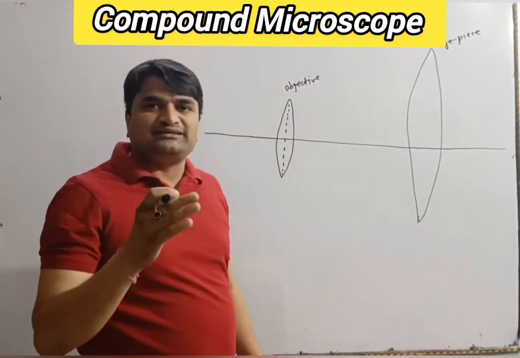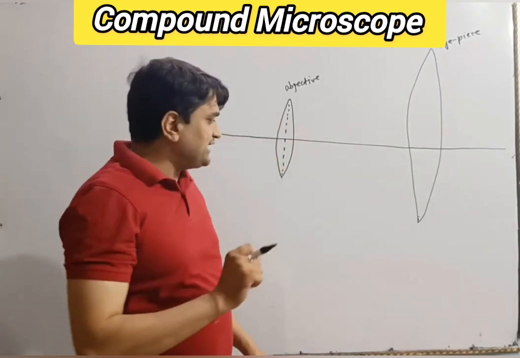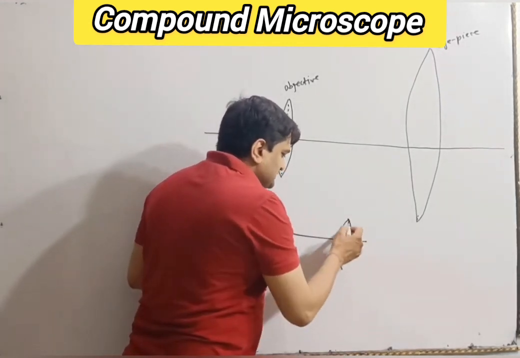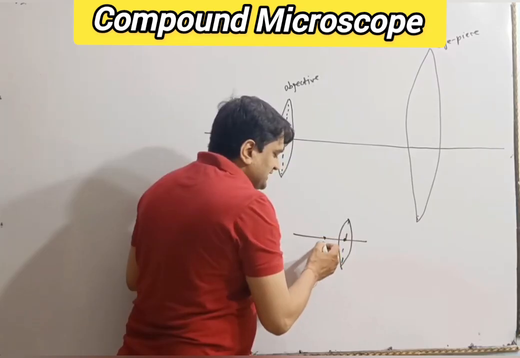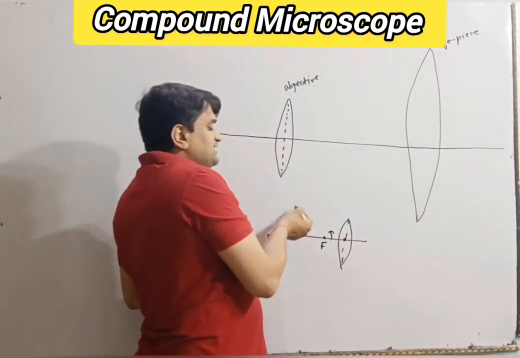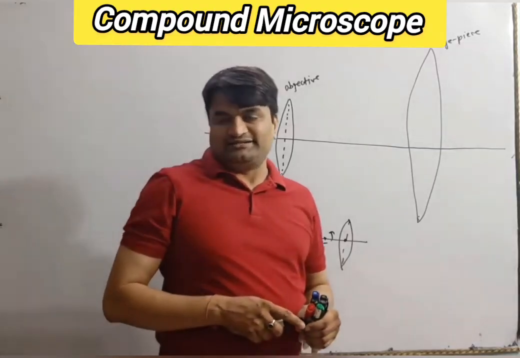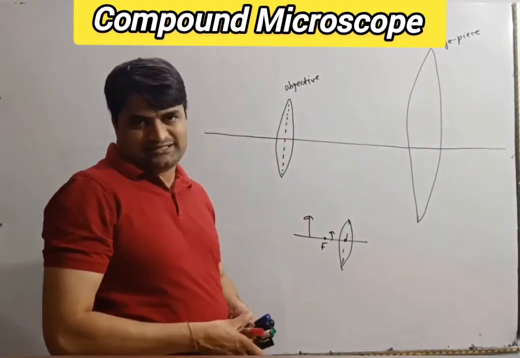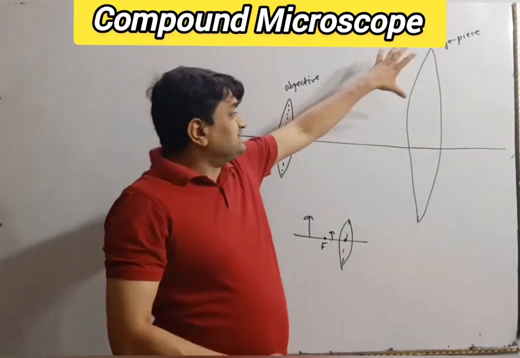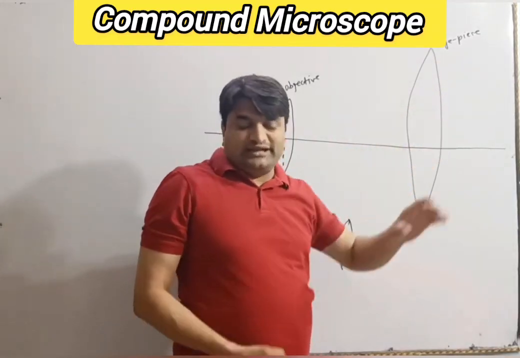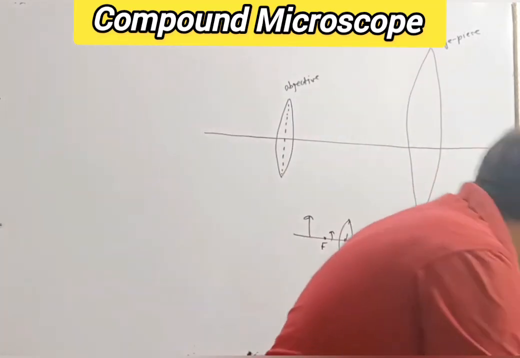As we know, if an object is placed between the optical center and focus, then the image will be enlarged and virtual. This is the concept that is utilized. This lens is always a simple microscope that we have discussed already.